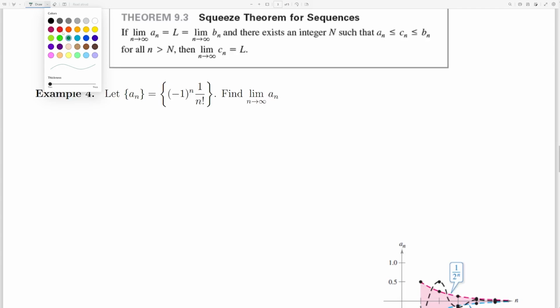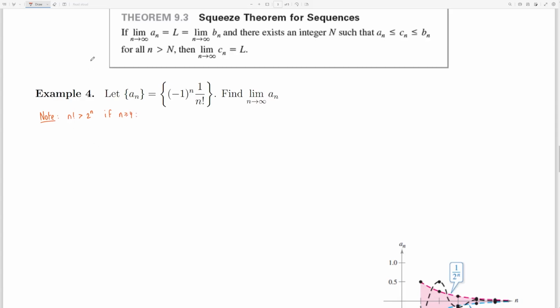First, we should note that n factorial grows very fast, much faster than 2 to the power n. So n factorial is greater than 2 to the power n if n is greater than or equal to 4.